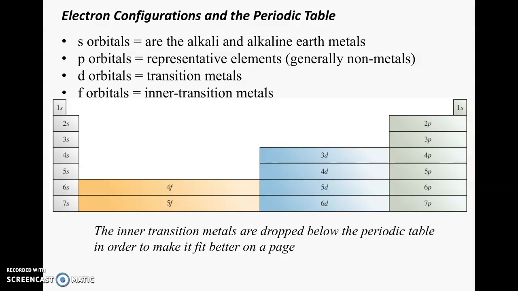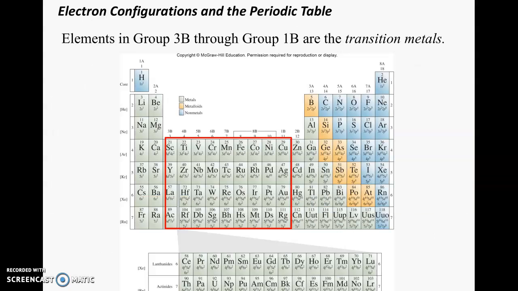And then the f orbitals are for the inner transition metals, and those are usually dropped down below the periodic table just basically so it fits on a page. If we look at the actual periodic table, we see those transition metals outlined in red, where the d orbitals are being filled.